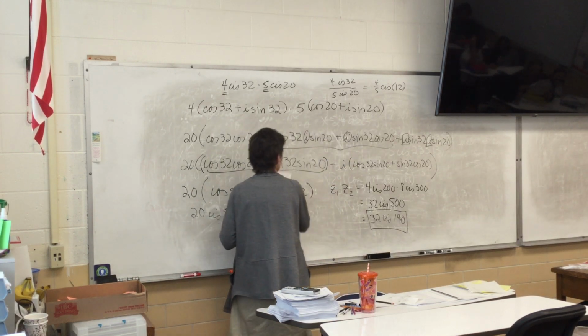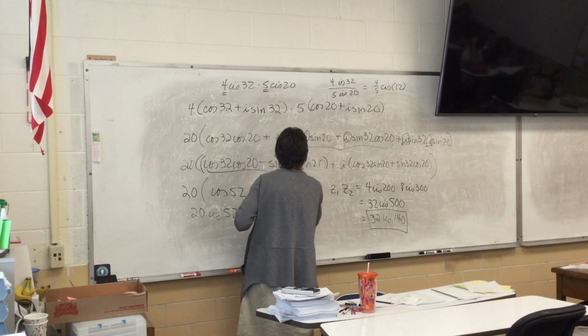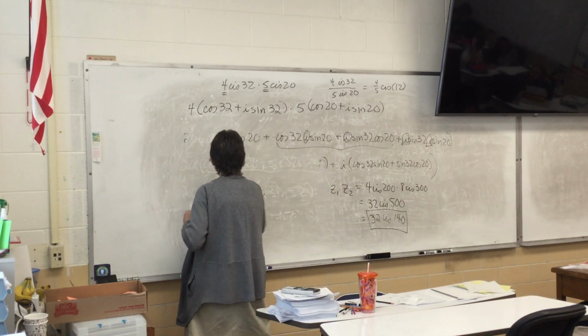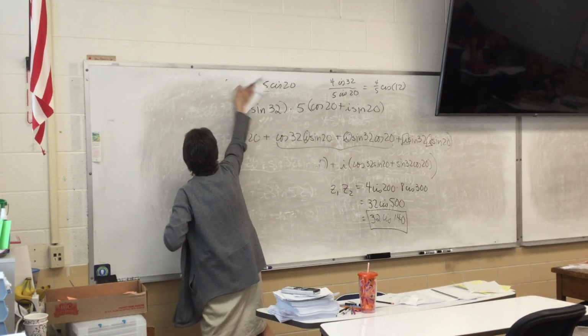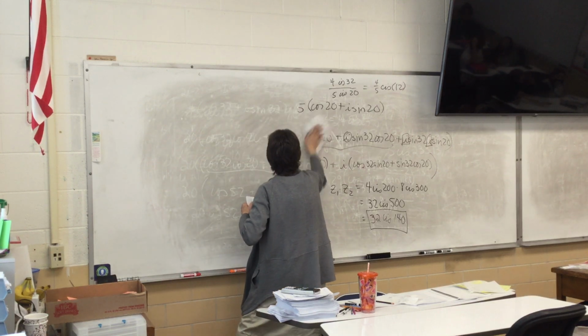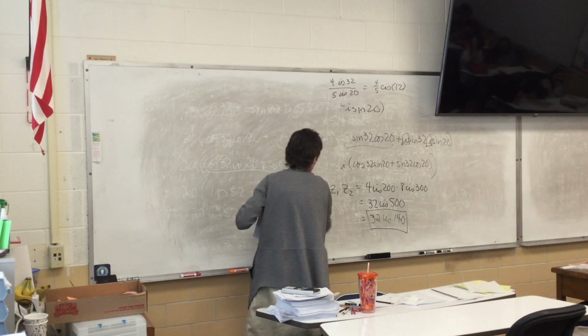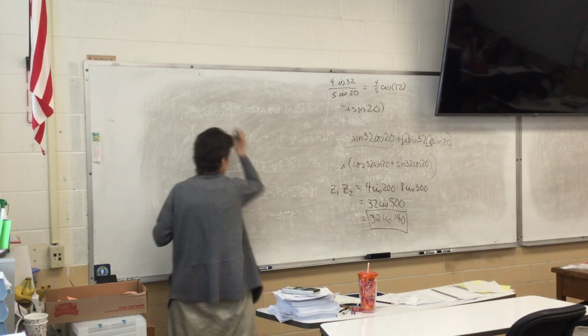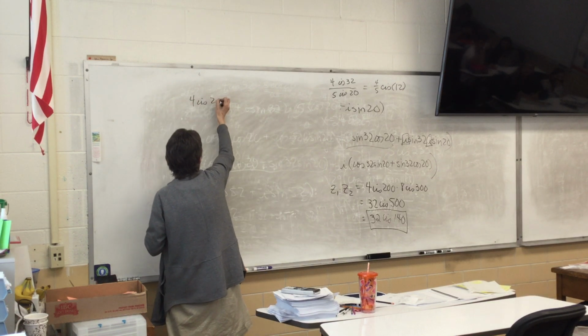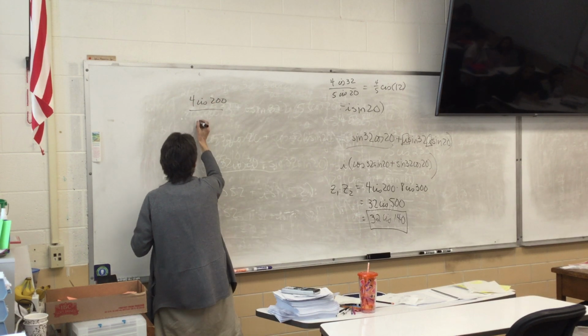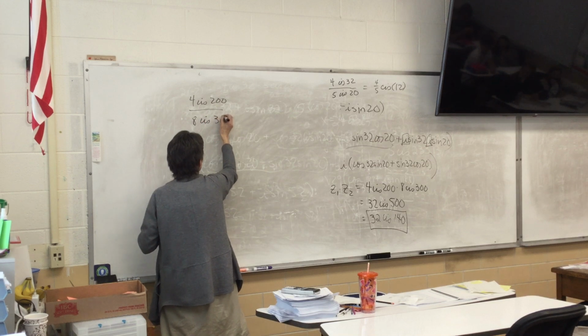All right. Z sub 1 over Z sub 2, same numbers. What's going to happen when I divide these two numbers? So I'm going to have 4 CIS 200 over 8 CIS 300. What do I get?